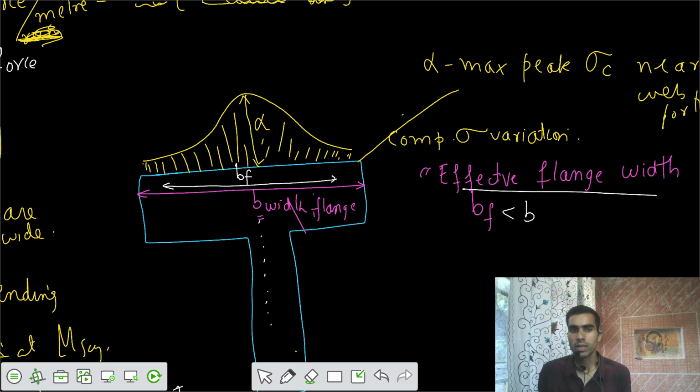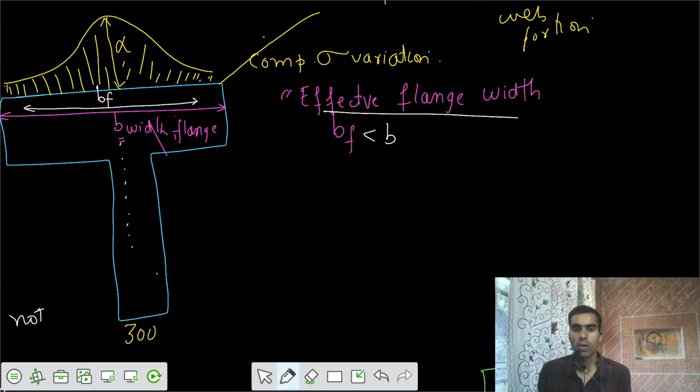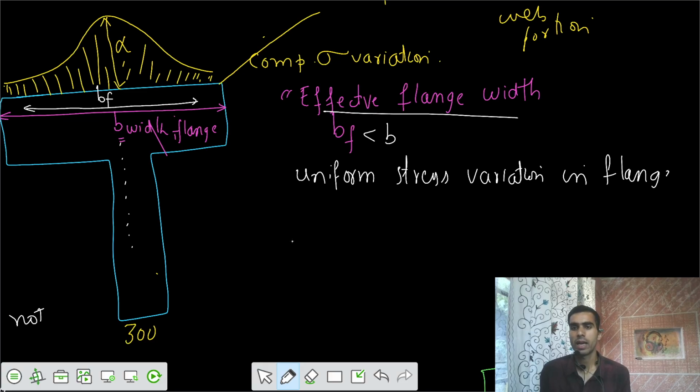Now I want the stresses to be uniform. I want uniform stress variation in the flange for this width of BF, with the peak stress equal to alpha.